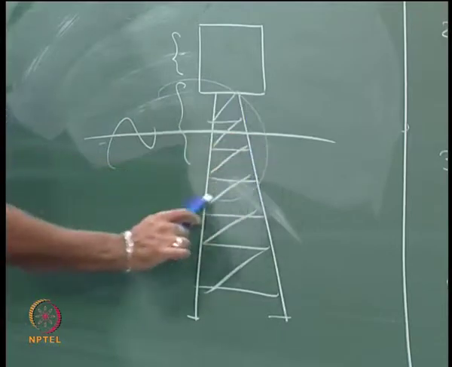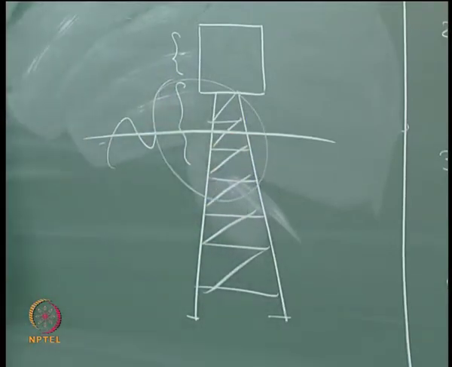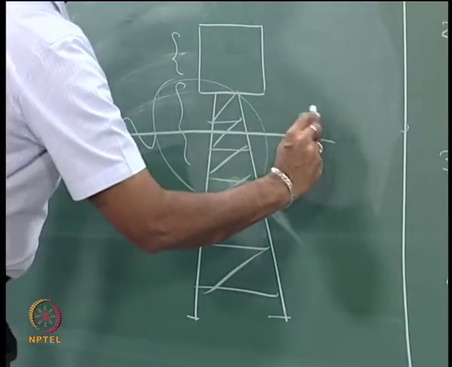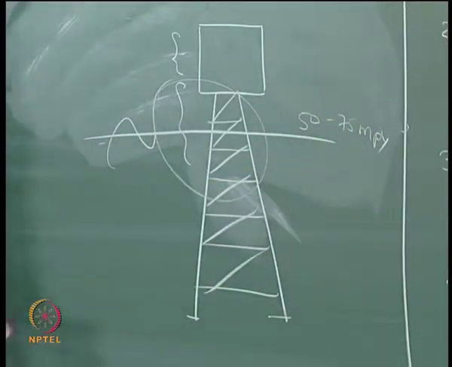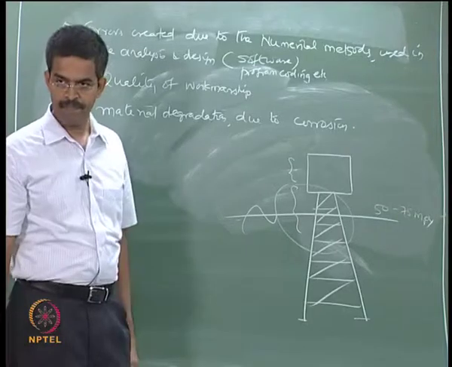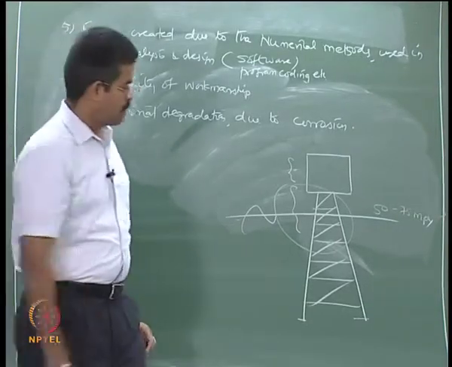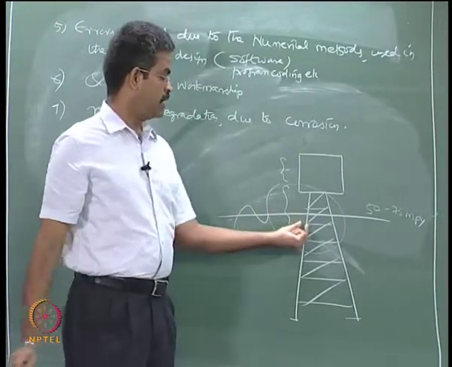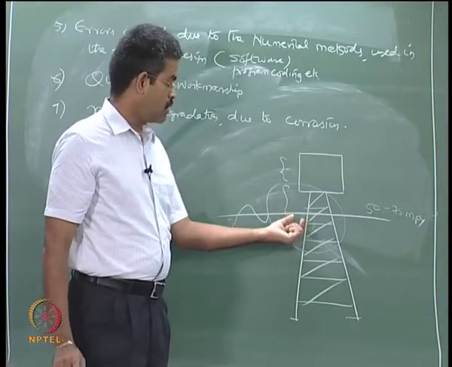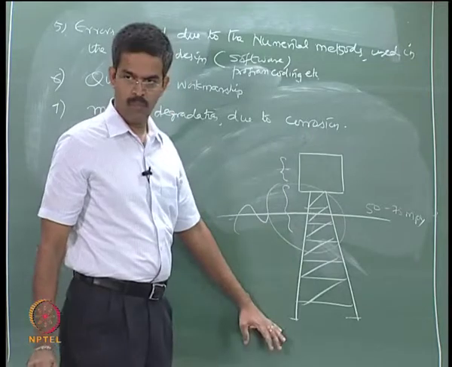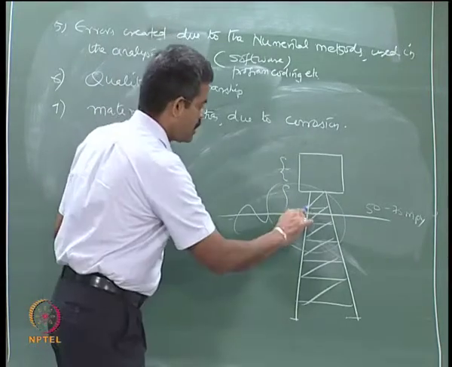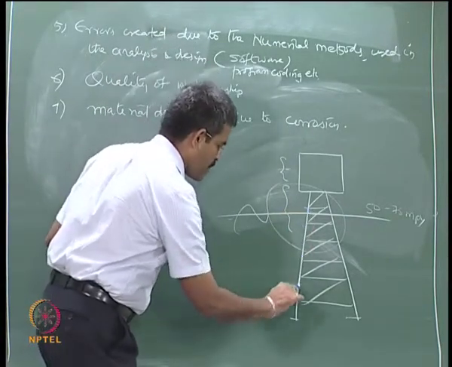The corrosion is going to be maximum in this area, which is about 50 to 75 mils per year. Corrosion rate is very high. Therefore, the members or the material in this zone are susceptible or prone to more corrosion compared to that below, okay.